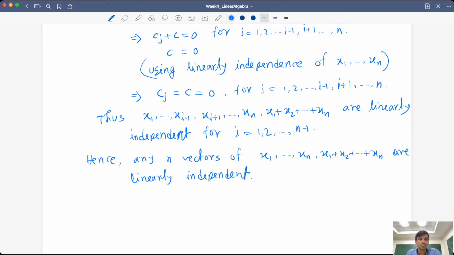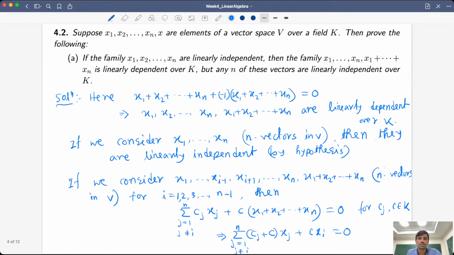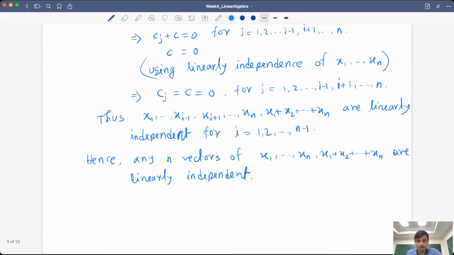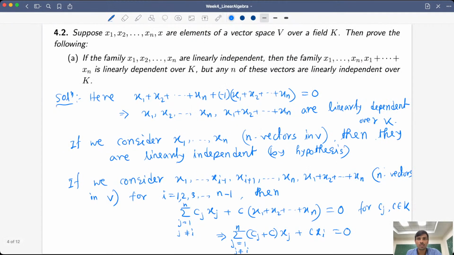Right. So that's the thing we need to check over K, obviously. Okay, so this is an easy one. I think everyone is happy with it.